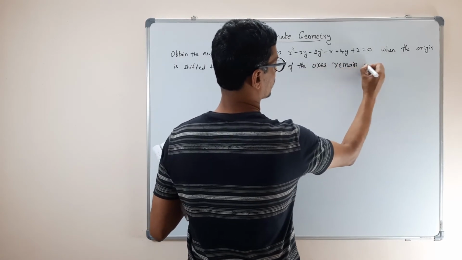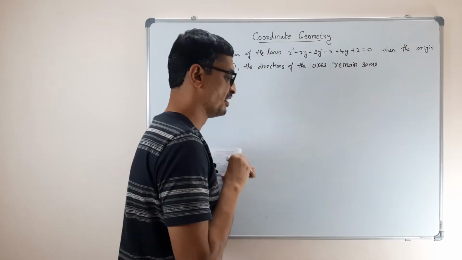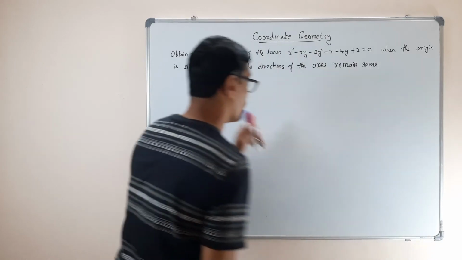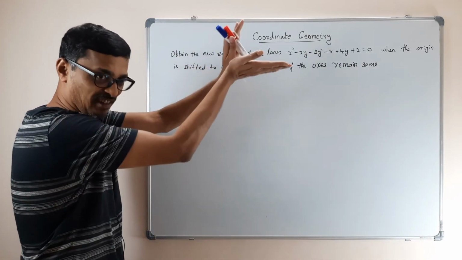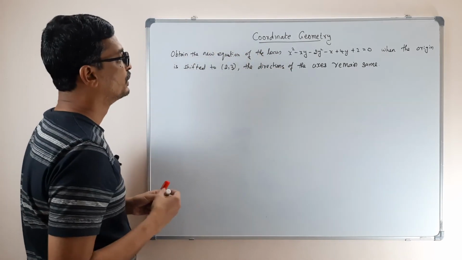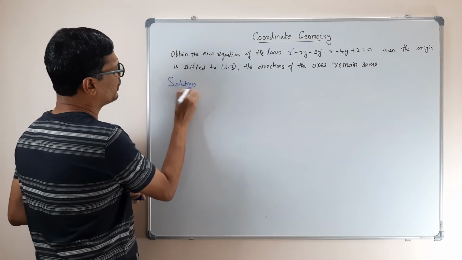You got it? The axes remain parallel. When you shift the origin, it is under the condition that only the axes are parallel. If there is rotation, then different angle relations will come in. Okay, this is the solution. Let us do that. It's actually very simple.